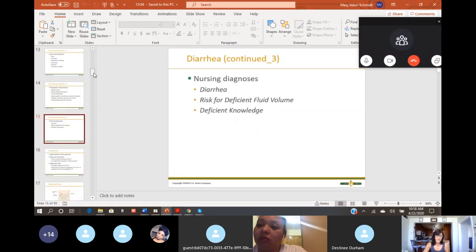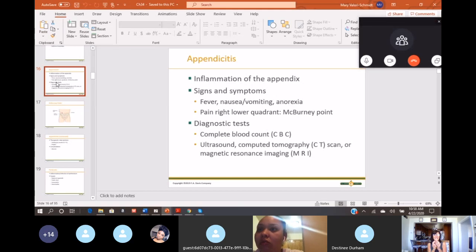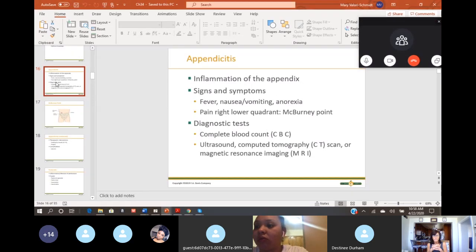All right, enough with diarrhea. I do believe appendicitis. Okay. Your appendix is an itty bitty, probably the size of your thumb, maybe even a little bit smaller. Little bitty appendage. It's considered a vestigial organ. What does that mean?